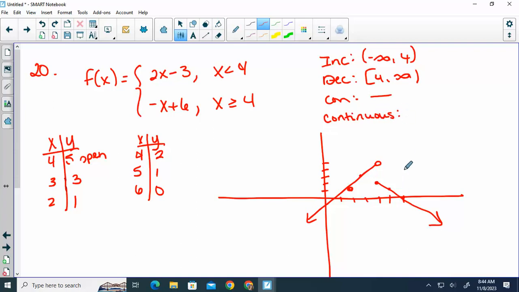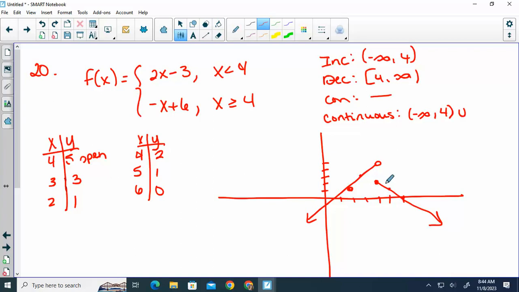Okay, is the entire graph continuous? No. So continuous is like saying, where can you graph this without picking up your pencil? So I can start from negative infinity. I would have to stop when I got to 4 because it's open. That would be a union or a parenthesis.